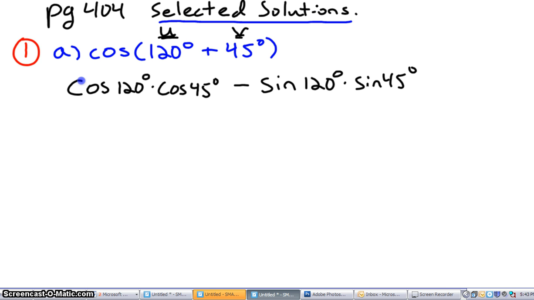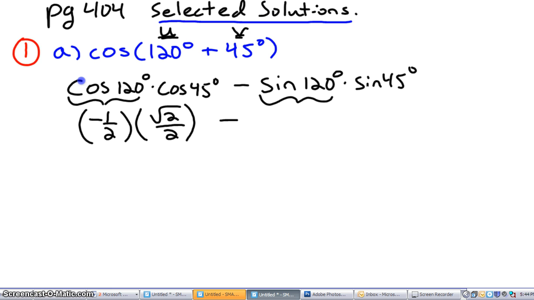Now the next thing we need to do is come up with values. The values for each of these are the following. We have negative 1/2 for cosine of 120 degrees. And for the cosine of 45 degrees, we have square root 2/2. Now subtracting from that, the sine of 120 degrees gives us radical 3/2.